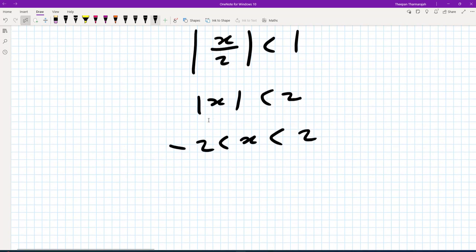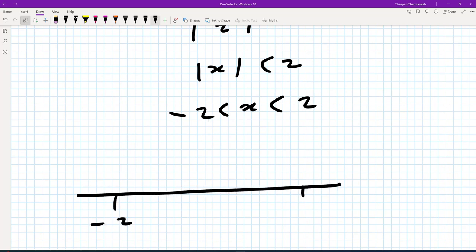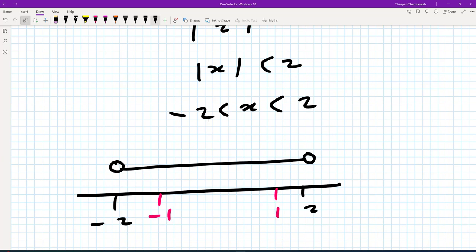So if I draw my inequality out, I've got the range of minus 2 and 2, like so. But I've also got the range from minus 1 to 1. And they must be clear circles because they're not equal to.